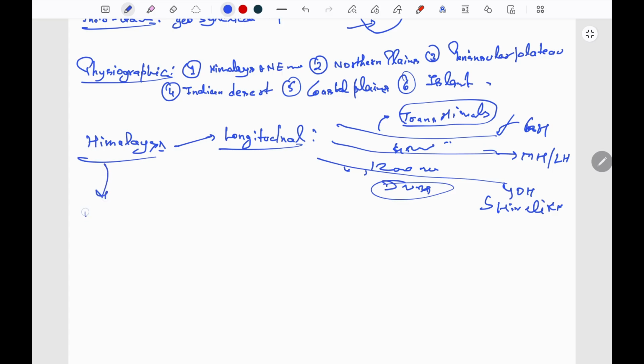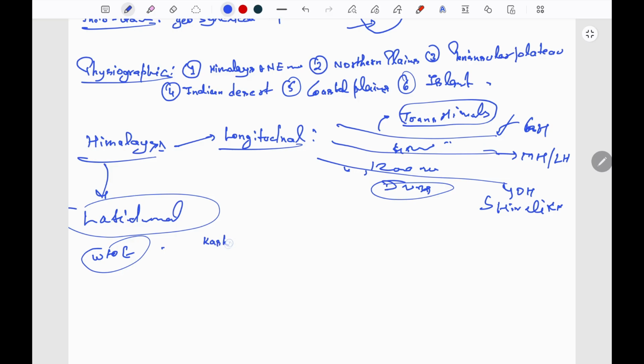Now moving on to the latitudinal division, which is from west to east. It is majorly demarcated by river boundaries. So first one is Kashmir or Punjab Himalayas.